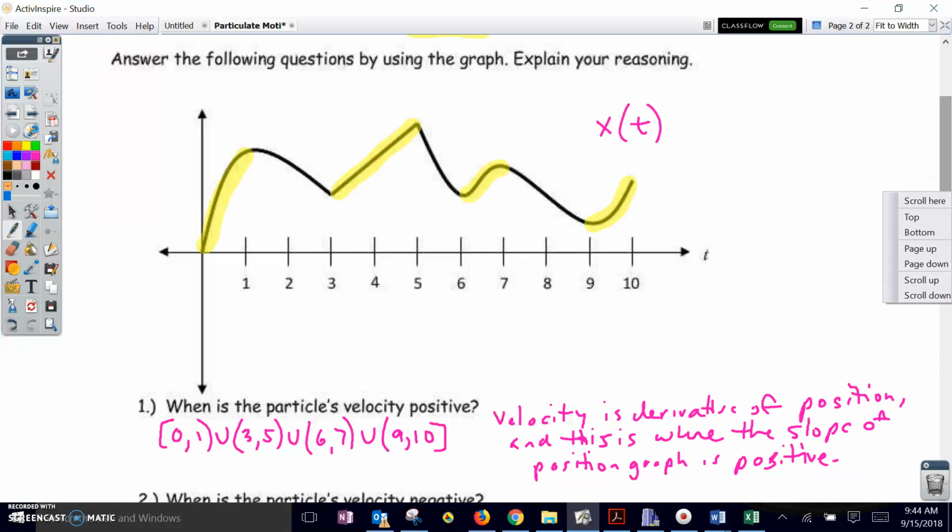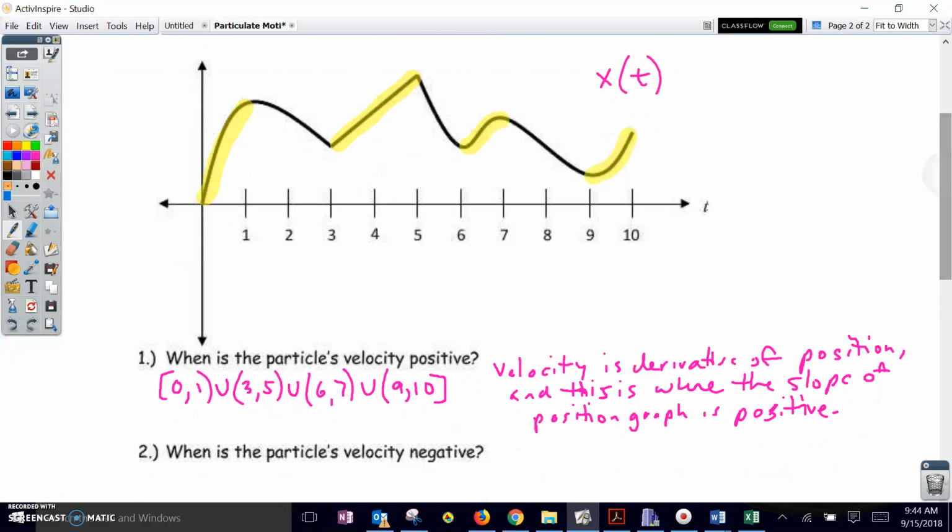Alright, question 2, when is the particle's velocity negative? So we're going to deal with the converse situation here. Wherever the velocity is negative is where the slope is negative. And so it's going to be on those time intervals there. So we've got from 1 to 3, and from 5 to 6, and then from 7 to 9.